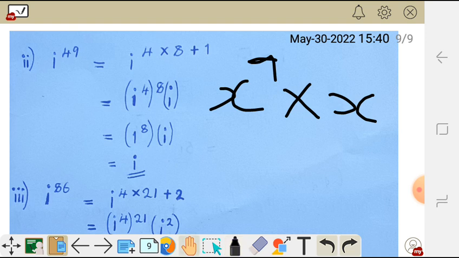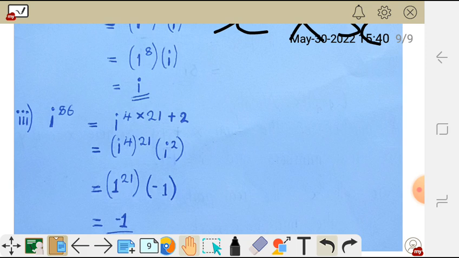And then from there, question number 3, which is i to the power 86. I to the power 86, you divide 4 into 86, it is 21, and then the remainder is 2. So the remainder, you add it there. So i to the power 4 is 1, 1 raised to the power 21.